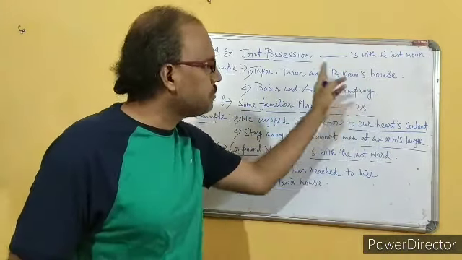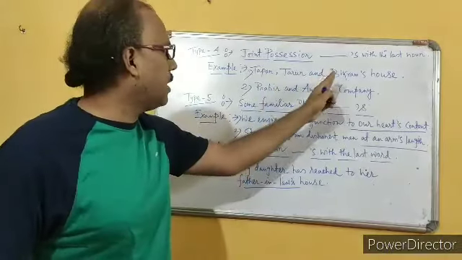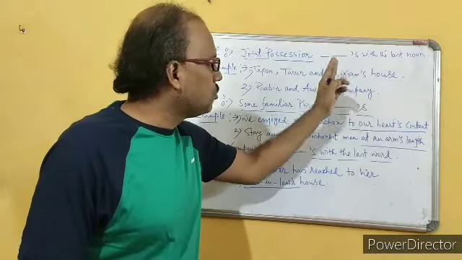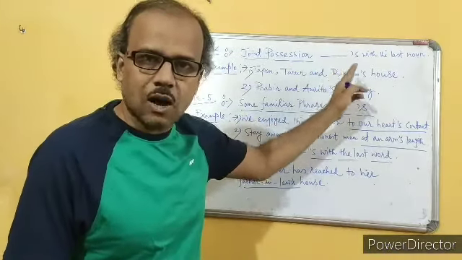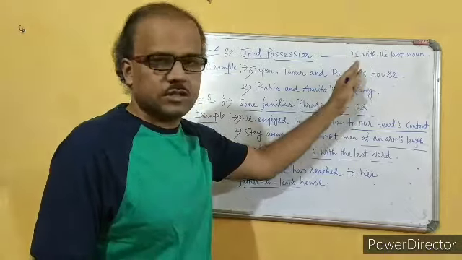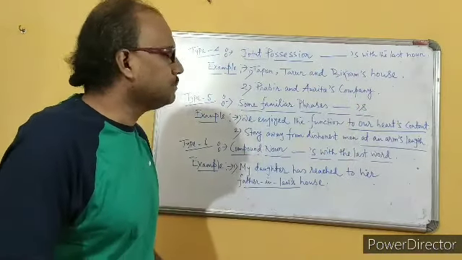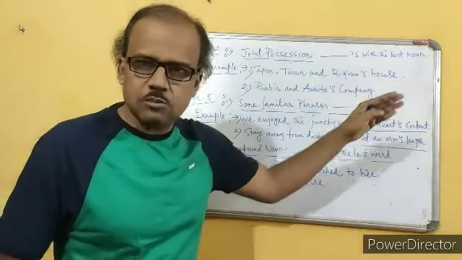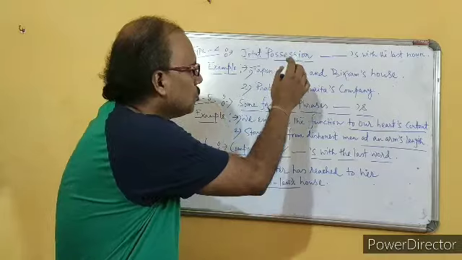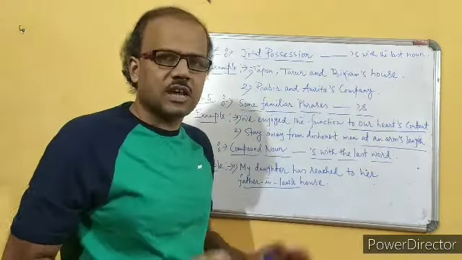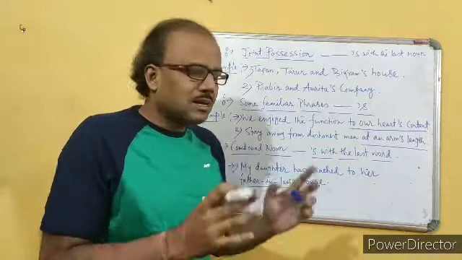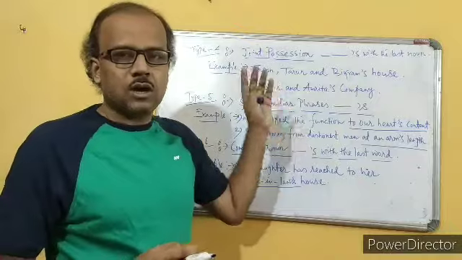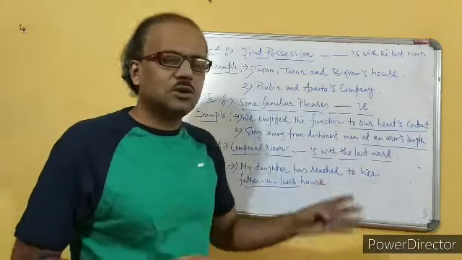If the house is of the 3 persons, যদি বাড়িটা তিনজন ব্যক্তির হয়, just like Topon, Torun and Bikram, the apostrophe S should be put with the last noun. Last noun এর সাথে apostrophe S হবে। If we say like this, Topon's, Torun's and Bikram's house, look at this, that means different houses: one house is of Topon, one of Torun and one of Bikram.